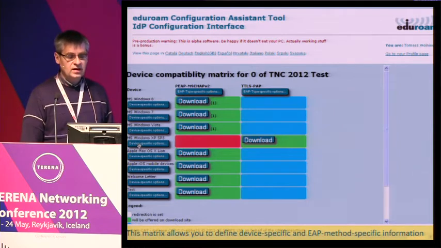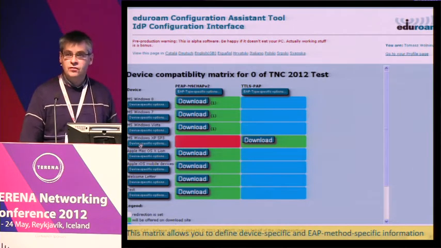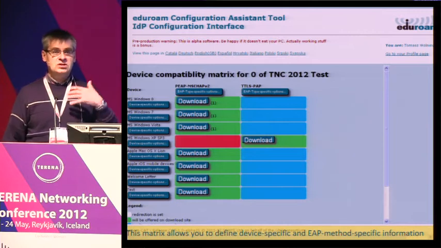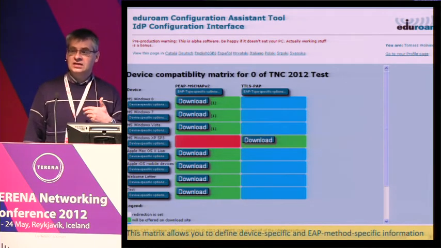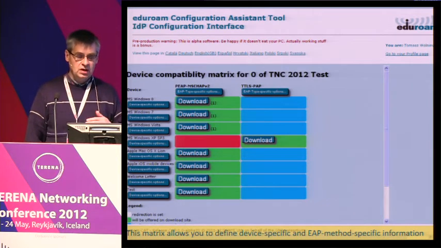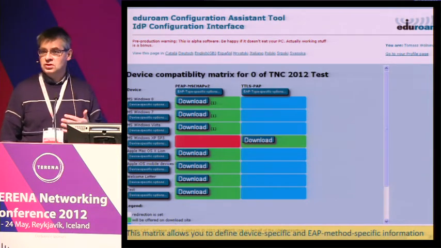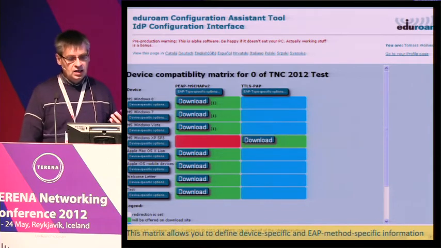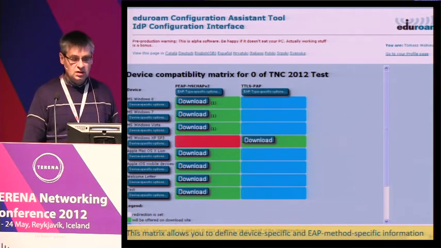You can do device-specific information for the user. So, for instance, we support TTLS by adding SecureW2 in the GPL version, installing it for the user. So maybe we should inform the user that this is what we are going to do.